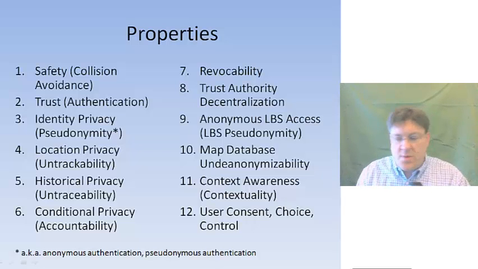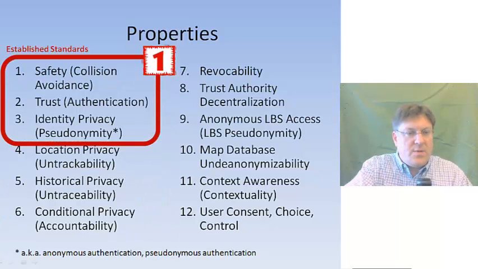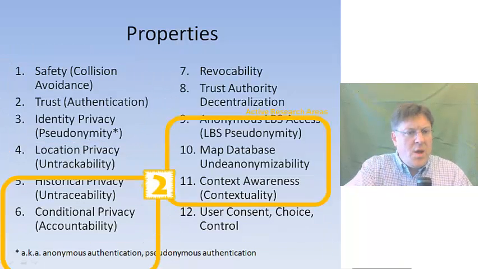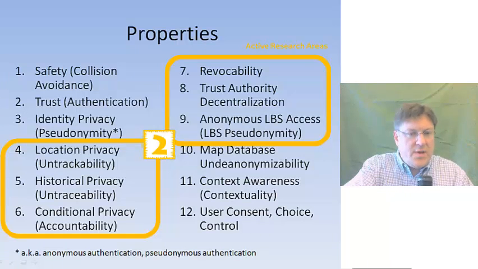So we've looked at some of the general properties. Now let's look at some specific privacy properties that are involved in vehicle networks. We're going to divide these into categories. One is established standards: safety, trust, and identity privacy. 2 is active research areas. This includes location privacy, historical location privacy, conditional privacy, revocability, trust, authority, decentralization, and anonymous LVS access.